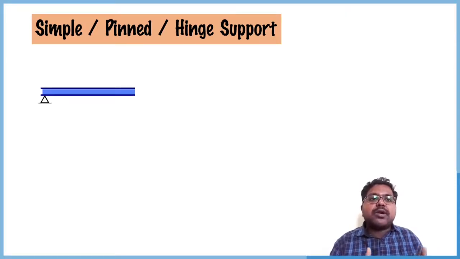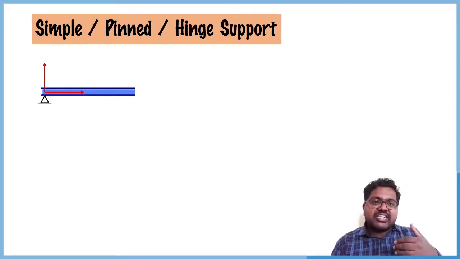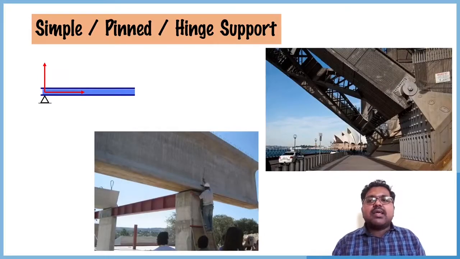That kind of support is called simple support or pinned support. So here we have restraints in the x and y directions, which are translations, and we will get reactions in the x and y directions, like the ones shown here. A good example is a hinge support for a bridge or a simple support for a gutter.